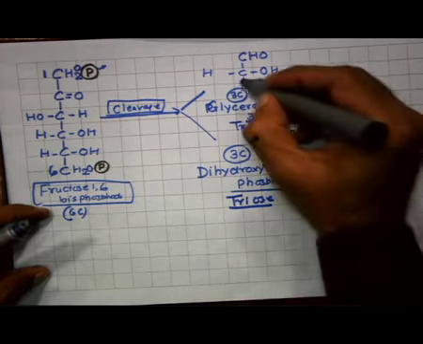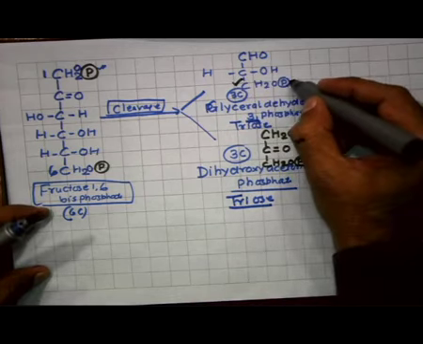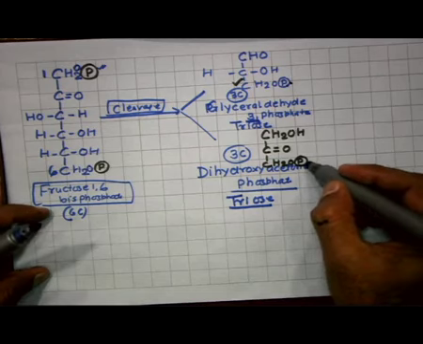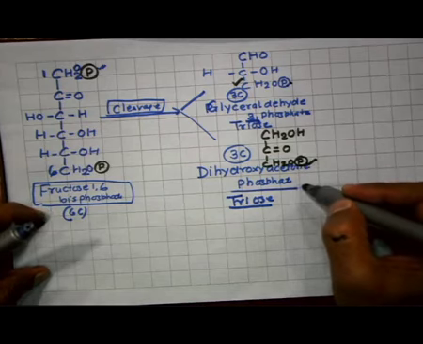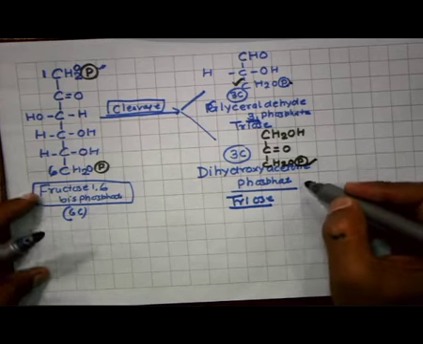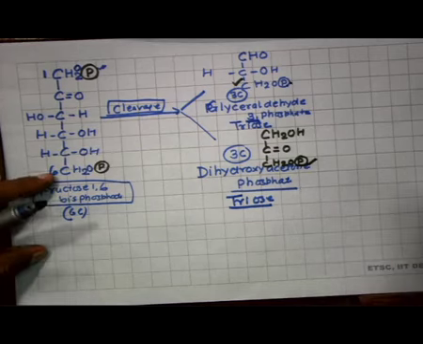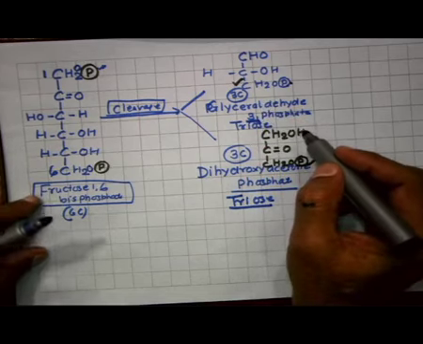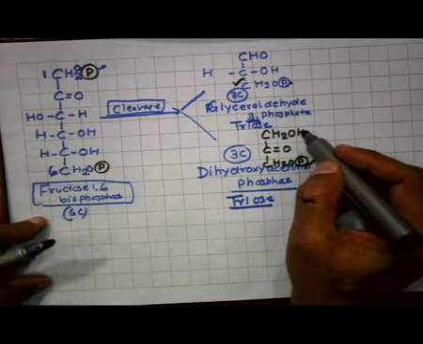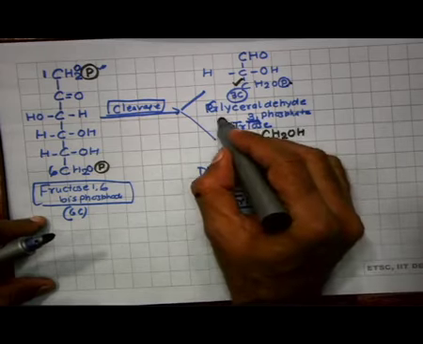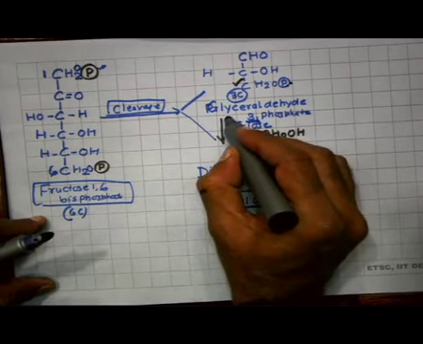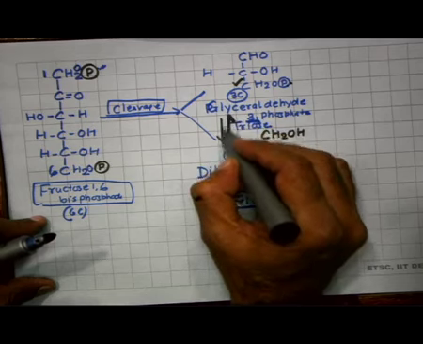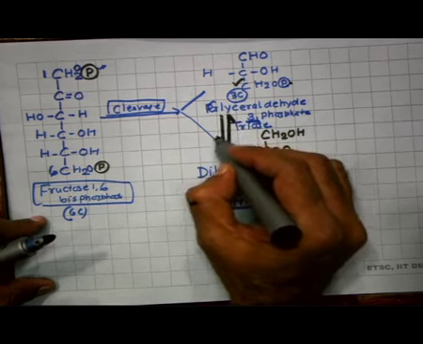Here the phosphate group is at carbon 3 in both glyceraldehyde and dihydroxyacetone phosphate. Now, glyceraldehyde 3 phosphate and dihydroxyacetone phosphate are easily interconvertible. One form can easily convert into the other form.